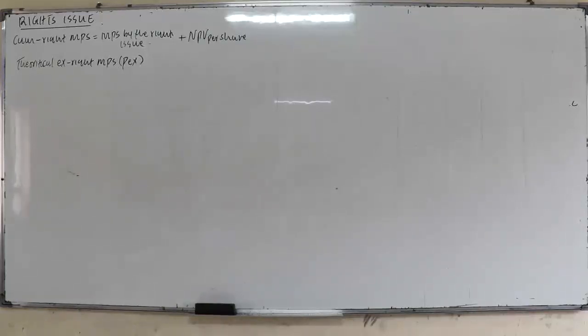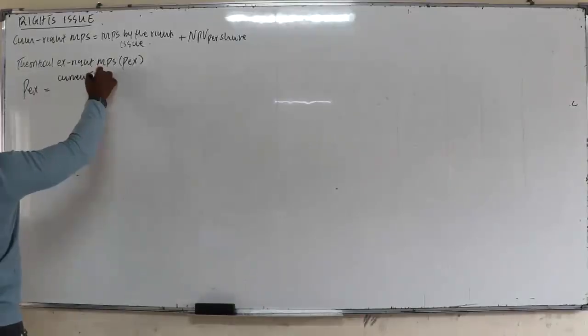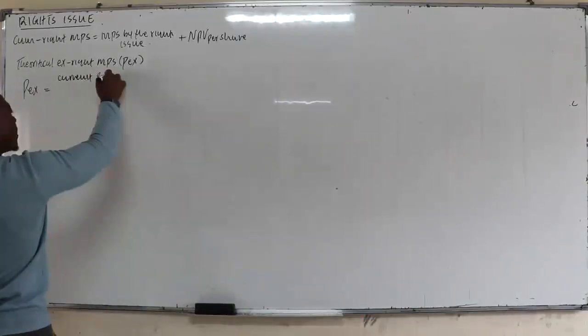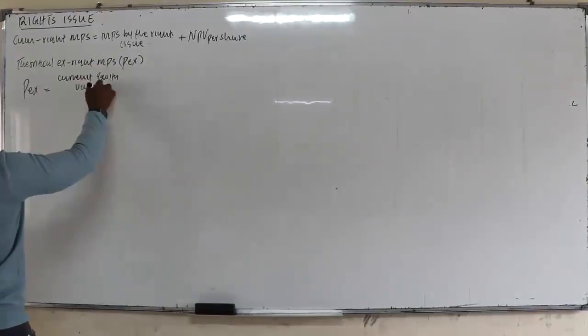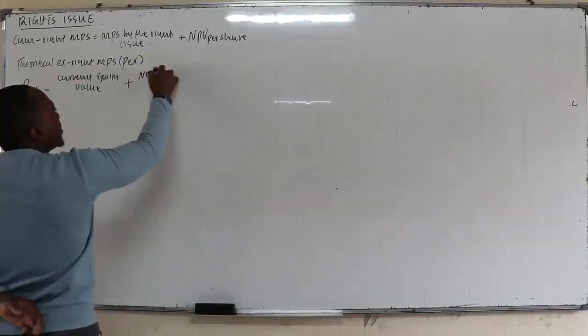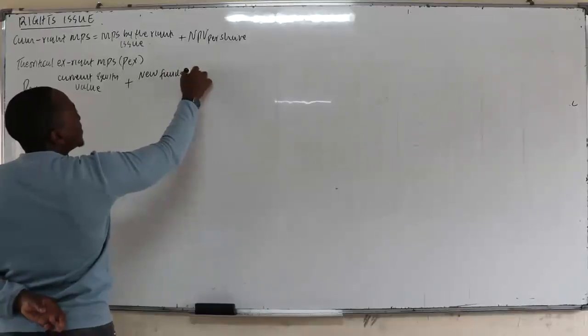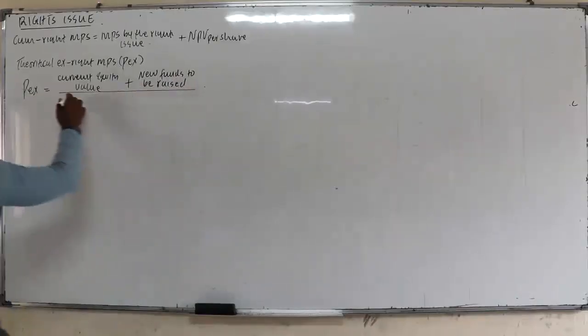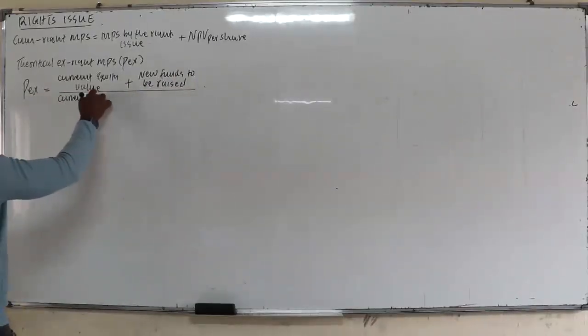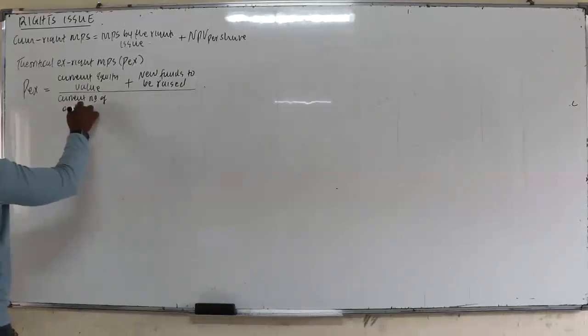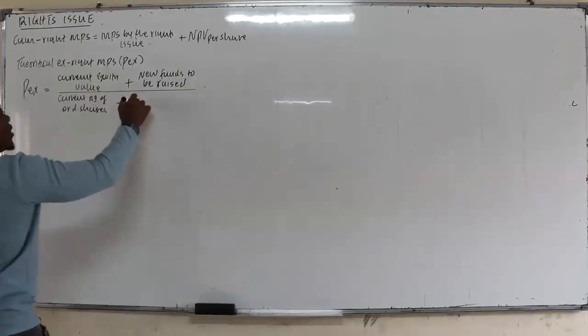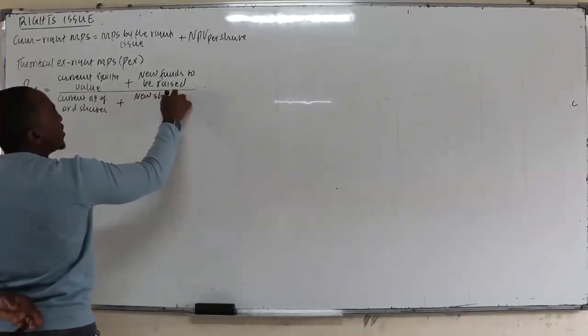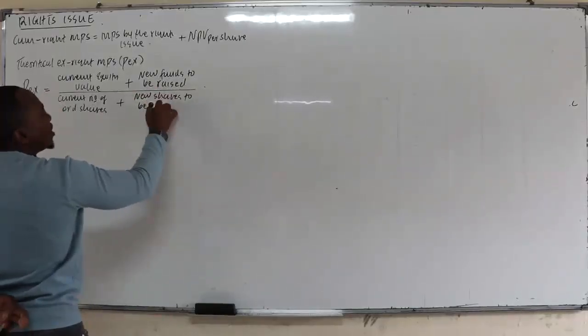It's determined as follows. So how do we get the theoretical ex-right price? You take the current equity value, then you add the amount of the new funds to be raised through the rights issue, and then you divide by the current number of ordinary shares plus the number of new shares to be issued.